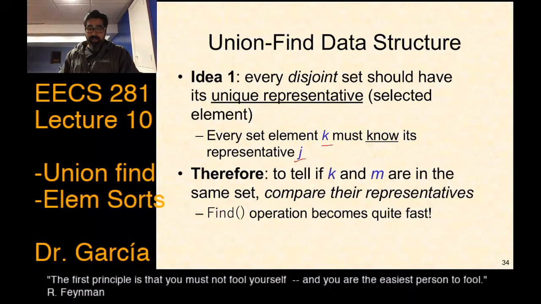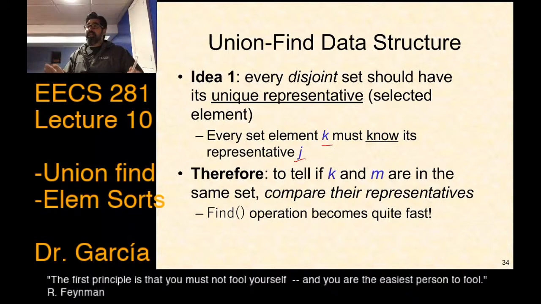And so if each element keeps track of its own representative, of which set it belongs to, then the find operation is quite fast, right? Because I just need to check, hey, what's the representative of K and what's the representative of J? And if their representatives match, then that means that they belong to the same set. And if they don't match, they're not in the same set.